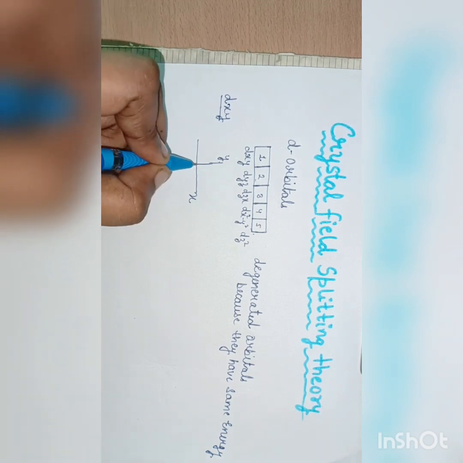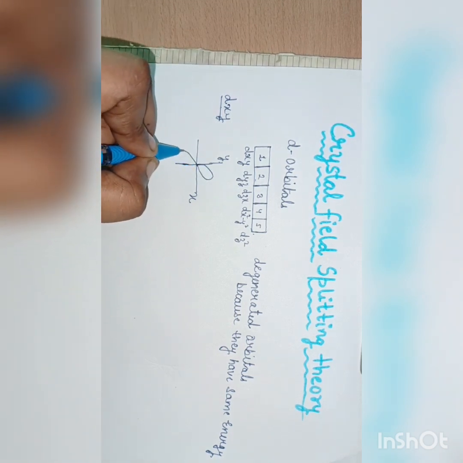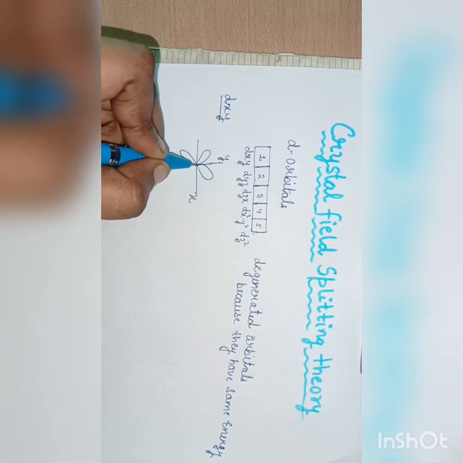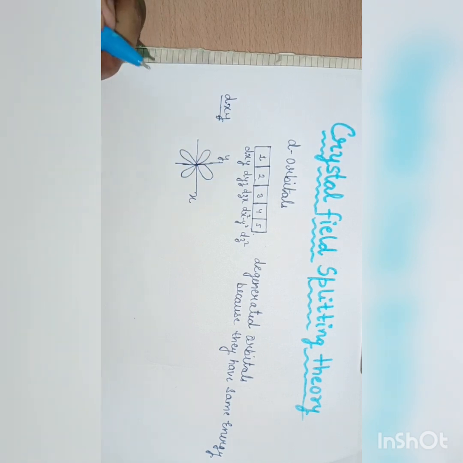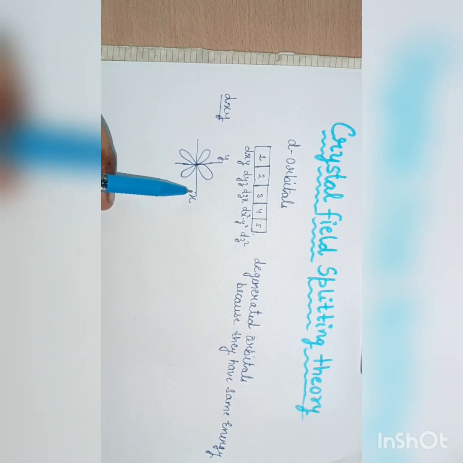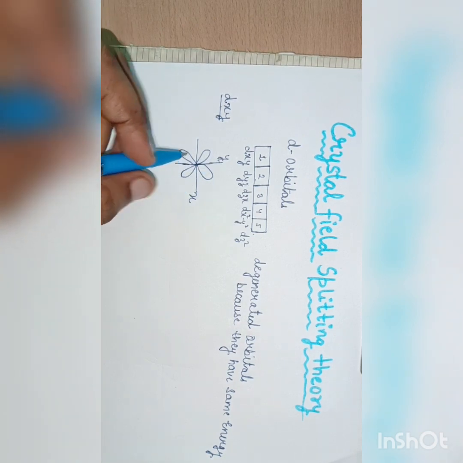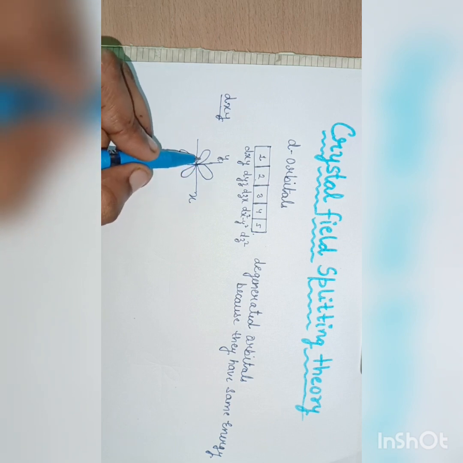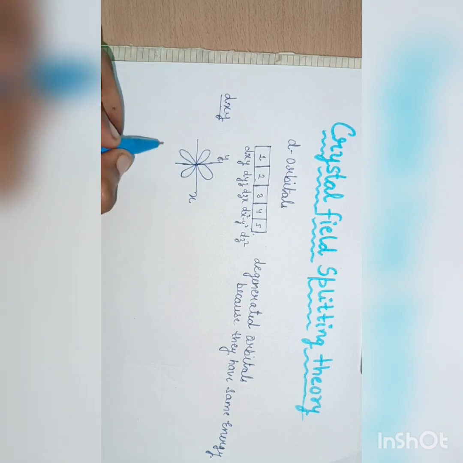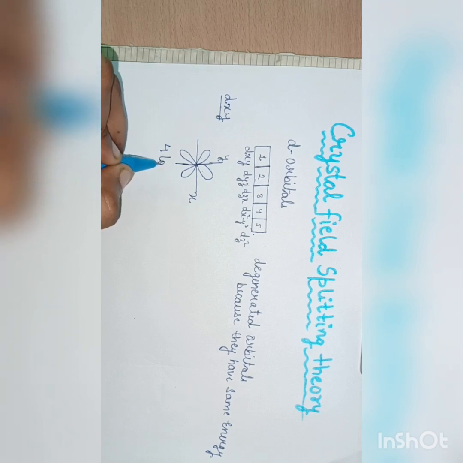So, these are the lobes. Here how many lobes are there? This is 1, 2, 3 and 4. Here are 4 lobes.